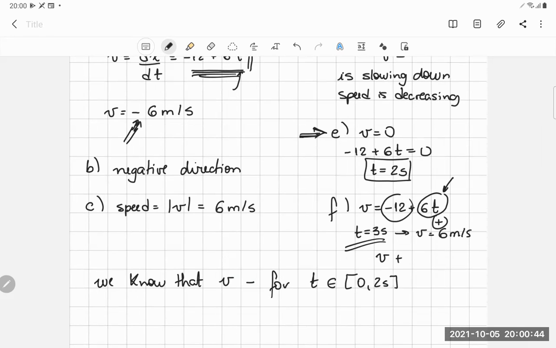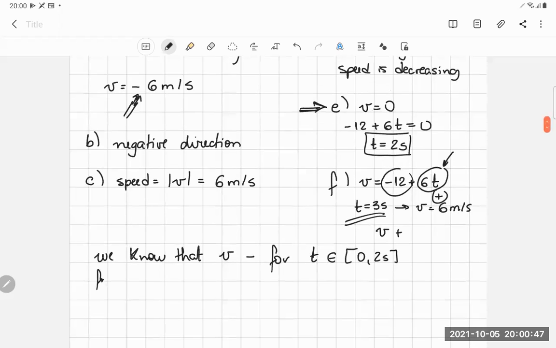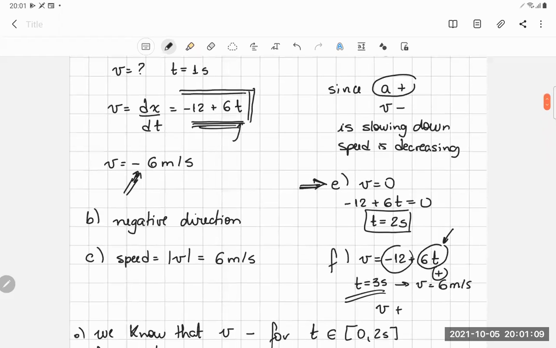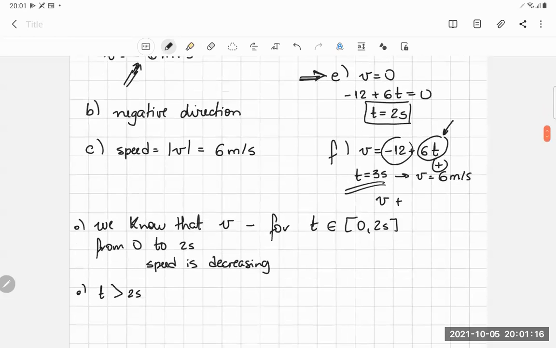So from time 0 to 2 seconds, the speed is decreasing, the object is slowing down. For any time larger than 2 seconds, this term becomes larger than minus 12, so the velocity is positive.